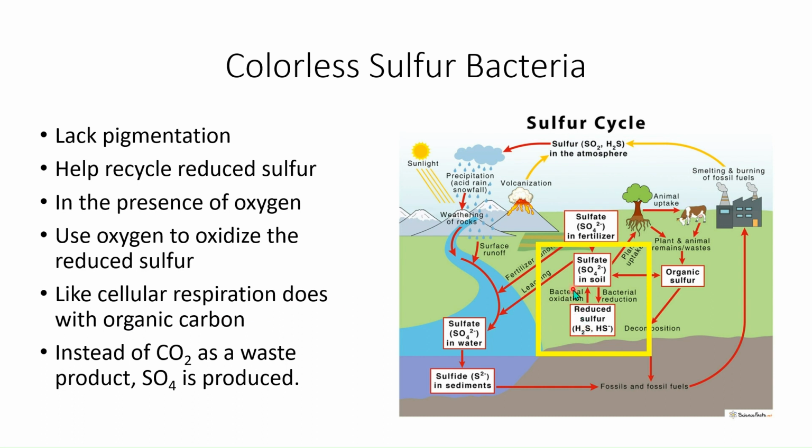We're going to oxidize it in order to release energy from these reduced sulfur bonds, just like we release energy stored in reduced carbon bonds or glucose. The product of which, instead of CO2 as a waste, because we're not oxidizing glucose, is that we're going to make sulfate as a waste product.